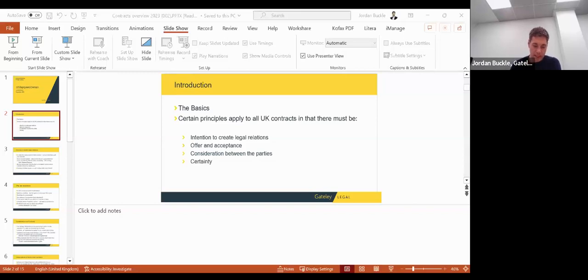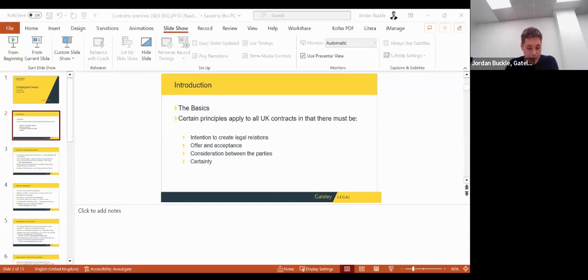So if we pick up on intention to create legal relations first, there must be an intention to create legal relations, and by that, the objective conduct of the parties must be considered when determining the intention, not their subjective states of mind.